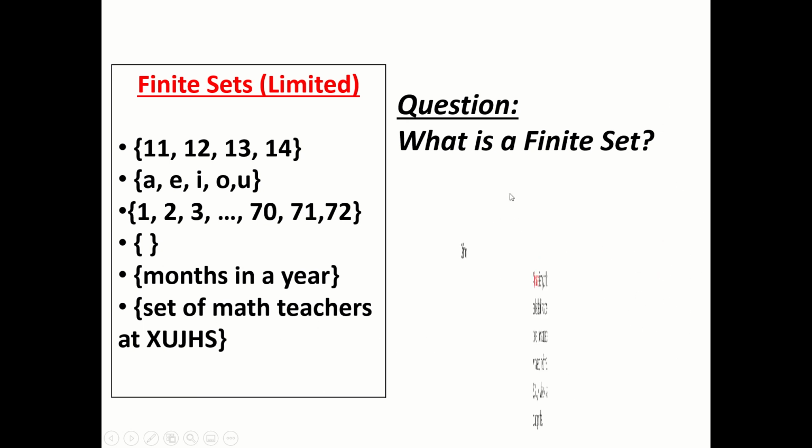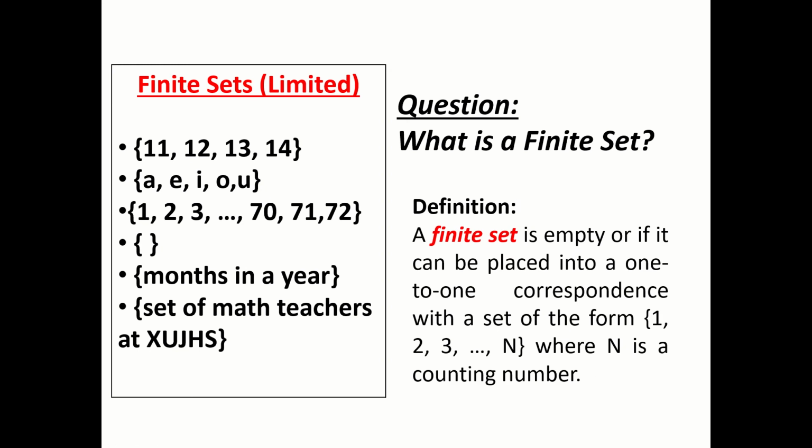When we say finite, it's actually defined as empty, or if it can be placed into a one-to-one correspondence with a set of the form where n is a counting number. So I will make it very easy. If the cardinality is 0, 1, 2, and so on, you can actually identify its cardinality, meaning you can just count the number of elements in the set.